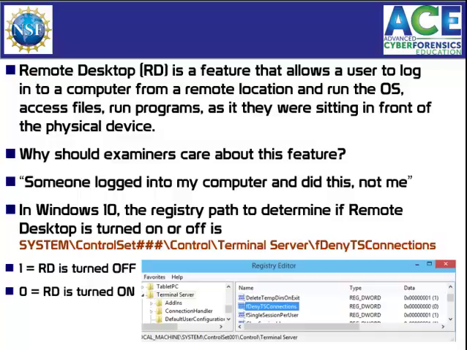This is the remote desktop value that determines whether this is turned on or turned off. If it is turned off, the value would be 1 as interpreted by the hex values, and 0 means that remote desktop is turned on. In the screenshot here you can see that remote desktop is currently turned on.